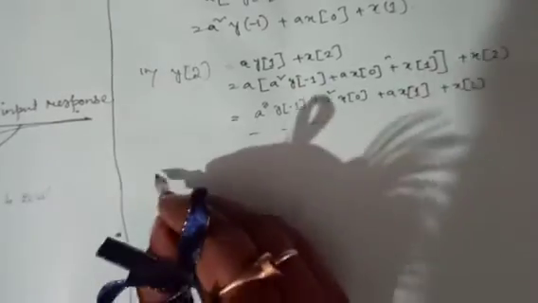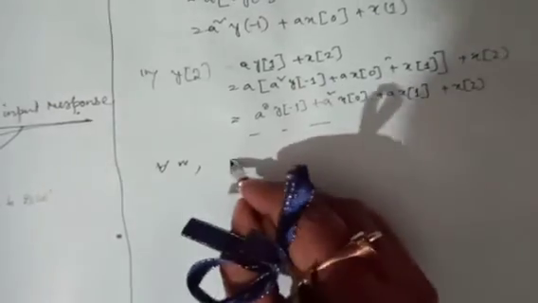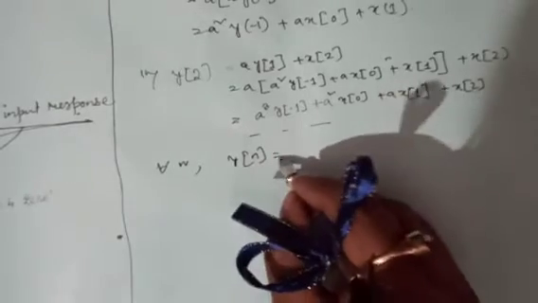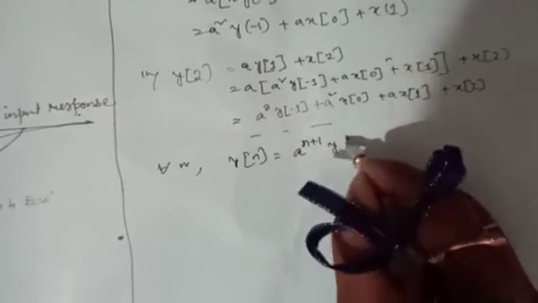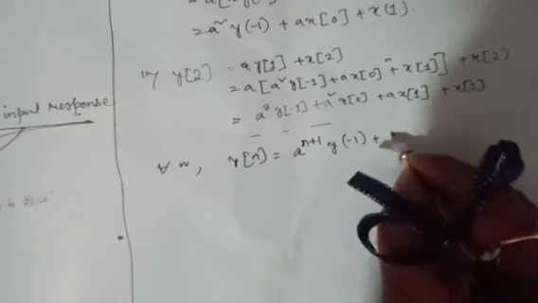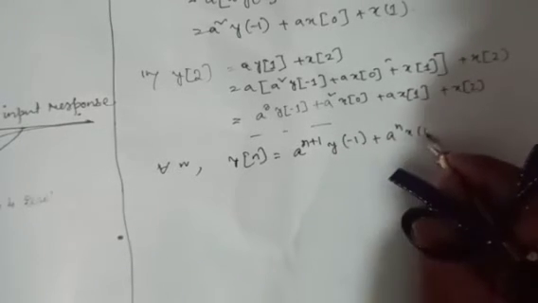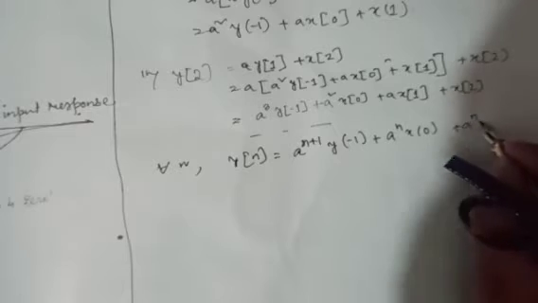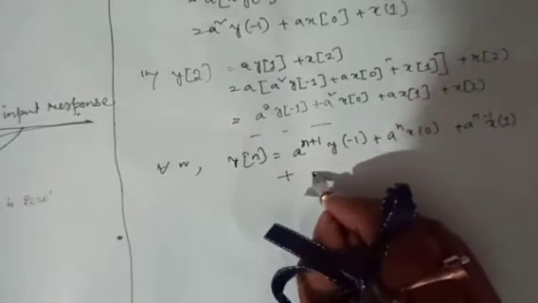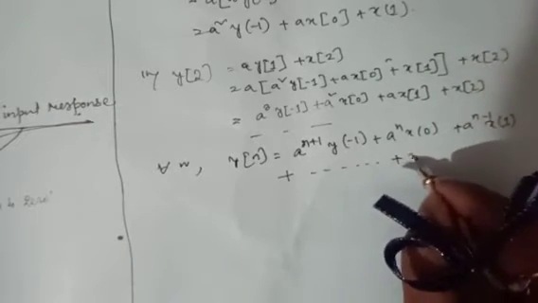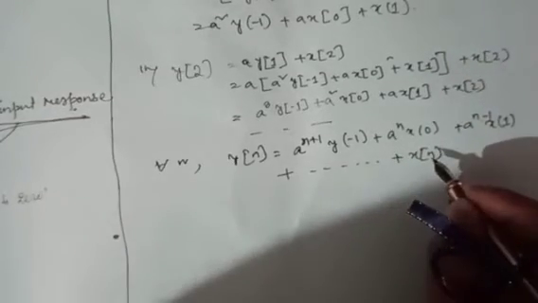So and so forth. Then for all n, y of n is equal to a to the power n plus 1 y of minus 1 plus a to the power n x of 0 plus a to the power n minus 1 x of 1, and so forth, and finally x of n.